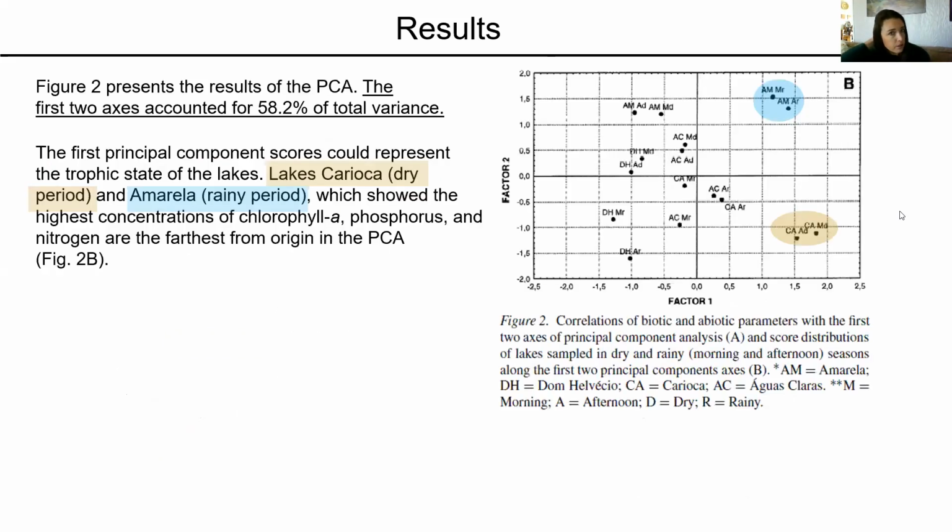In figure 2, the first 2 axes account for 58.2% of total variance. That's factor 1, factor 2, or you can call it principal component 1, principal component 2. The first principal component scores could represent the trophic state of lakes. And 2 different locations show the highest concentration of chlorophyll A, phosphorus, and nitrogen. They're furthest from the origin of the PCA.